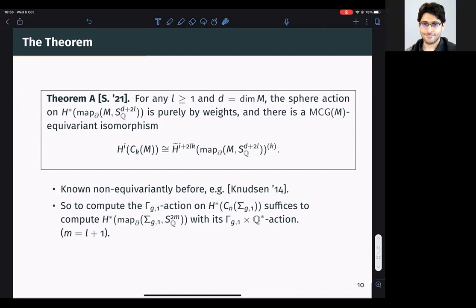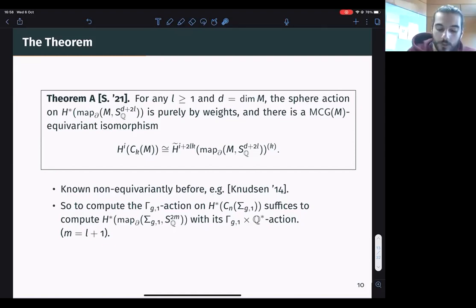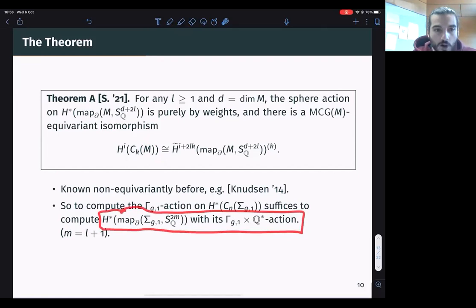Right. So given this theorem now, in order to compute the left-hand side for the case of surfaces, it suffices to compute this mapping space rel boundary from sigma g1 to even spheres with its gamma g1 times Q-star action, or if you want with this gamma g1 action and its weight.